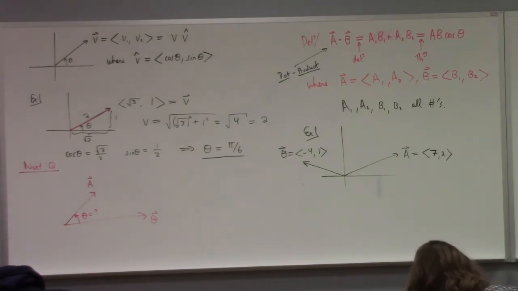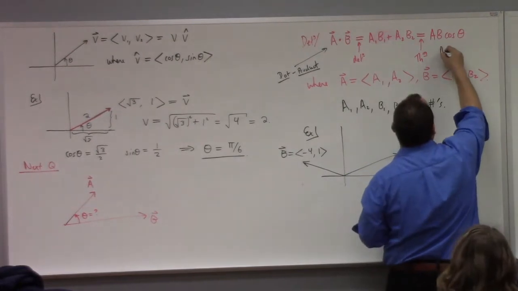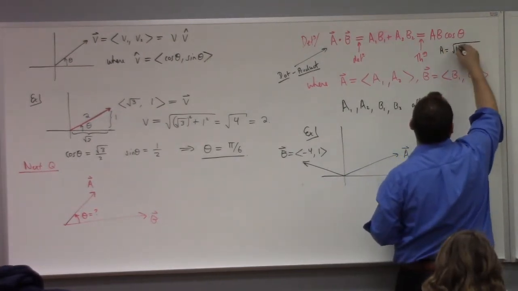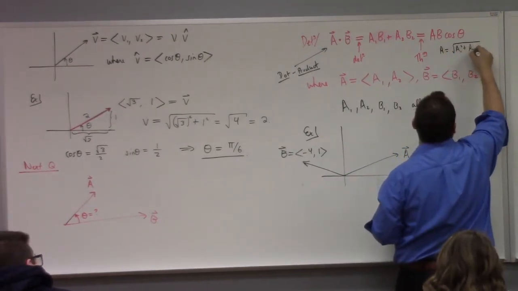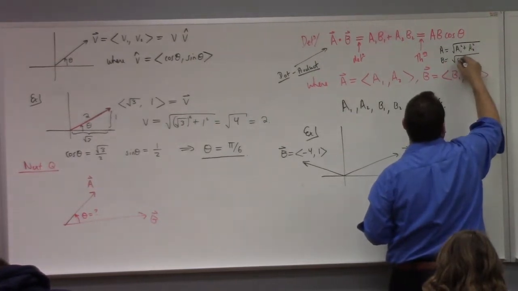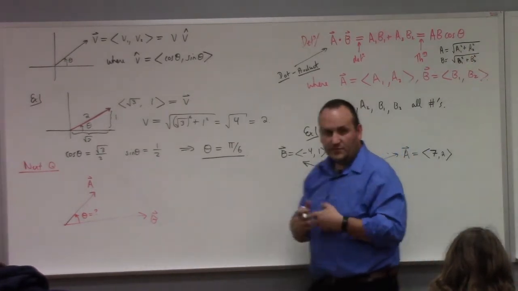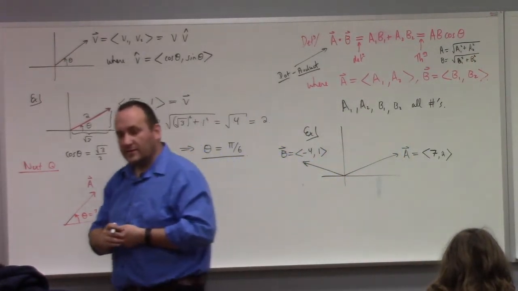The third part of the definition there is A cosine theta. A is the square root of A1 squared plus A2 squared. Good question. B is equal to the square root of B1 squared plus B2 squared. So this is the typical Physics 231 notation. It's a good notation.